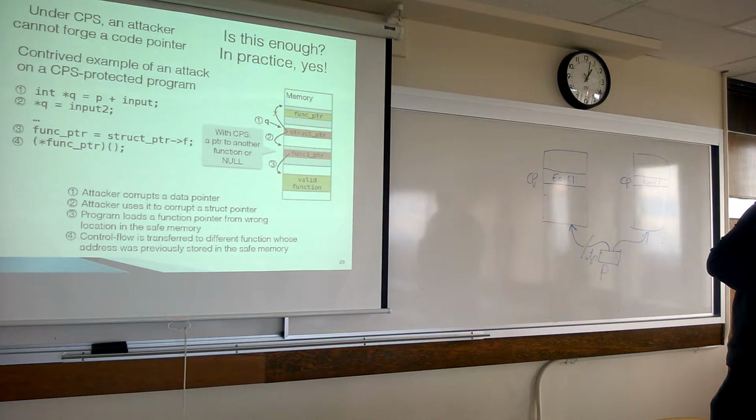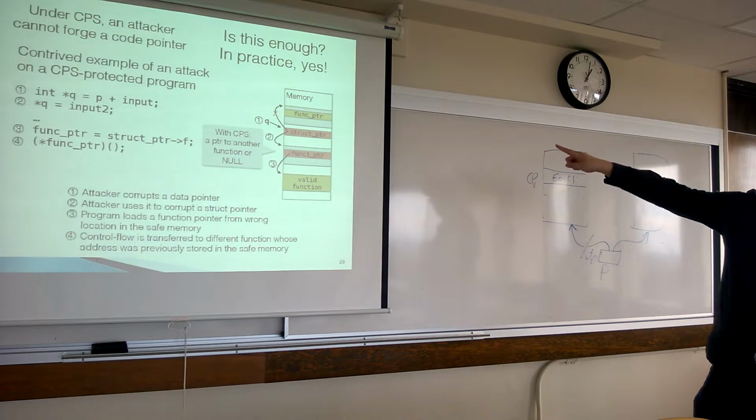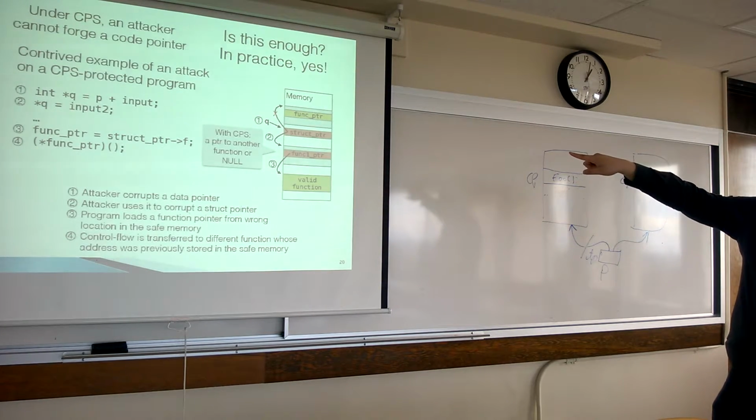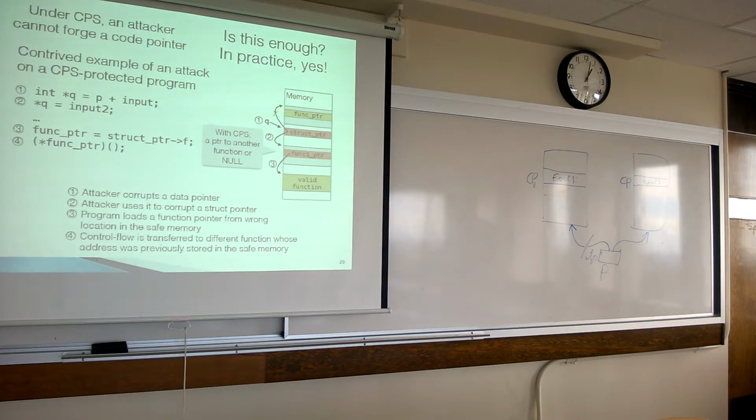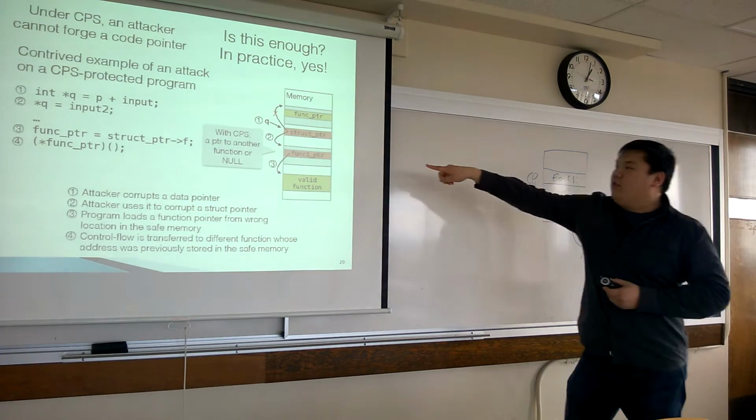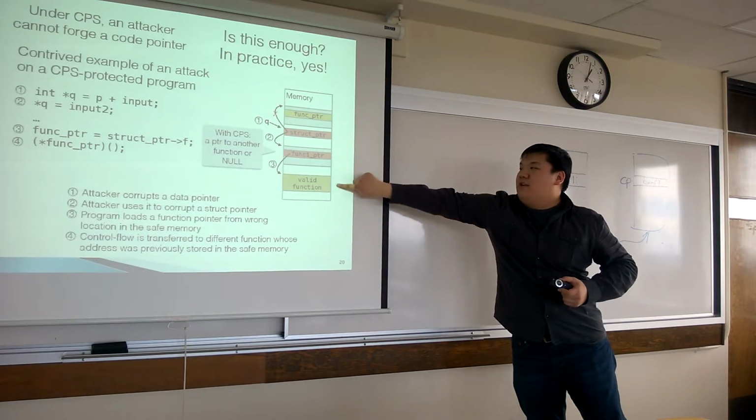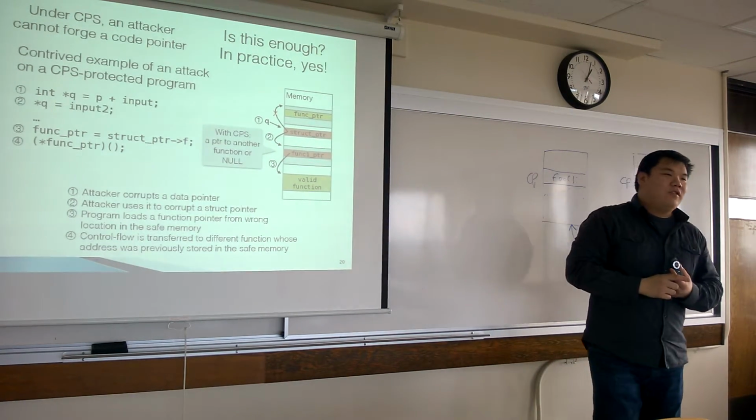Okay, so for one, you set Q to be where the structure pointer is. And then for two, it would corrupt the structure pointer somehow, like getting it to overflow or point to the wrong thing. And then from there, it would point to here. And from here, it would pick a different valid function instead of the one we were actually looking for.